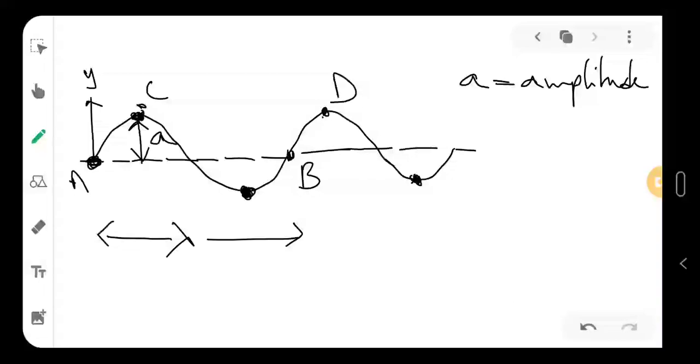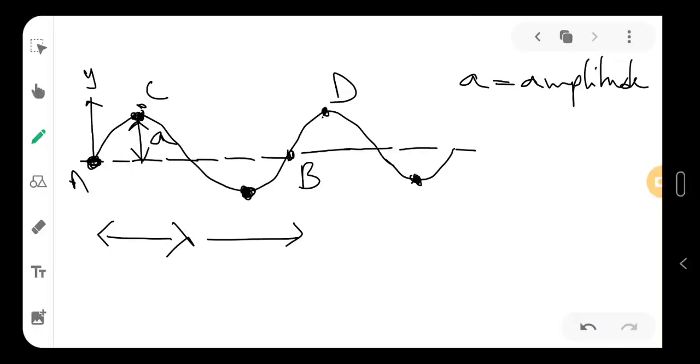Now we know that these particles are oscillating, right? The first particle will pull the second particle, and the second particle will pull the third particle. In this way the energy will propagate. If you look from the outside, you will see a pattern like this.